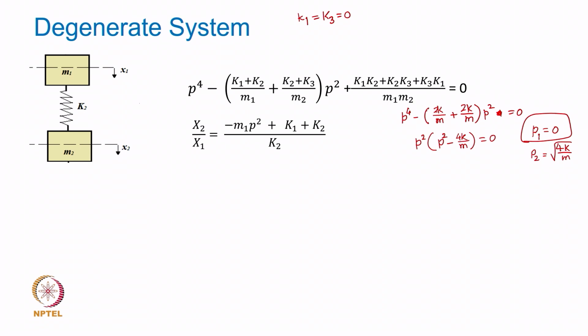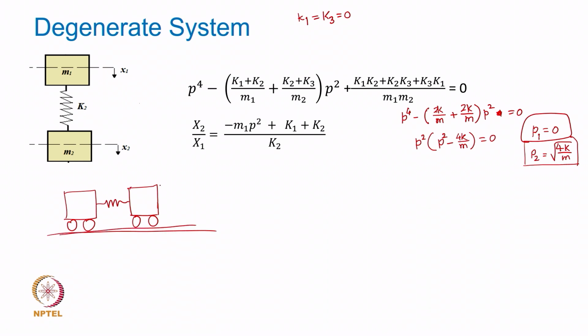Now, what do you make out of the first natural frequency being 0? Just to give you a practical example, you can imagine metro coaches, two metro coaches connected by a coupler, right.